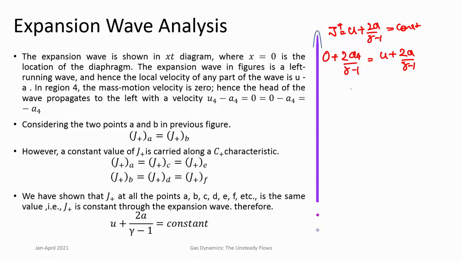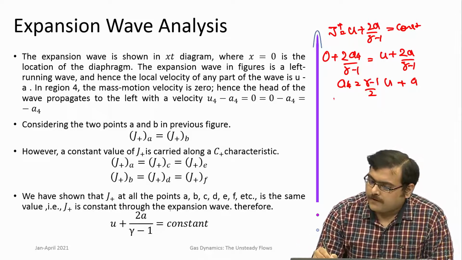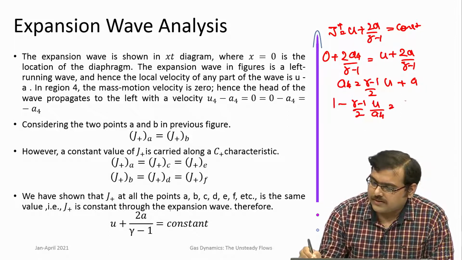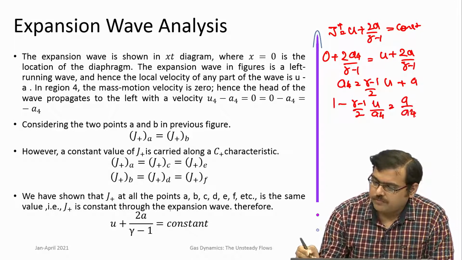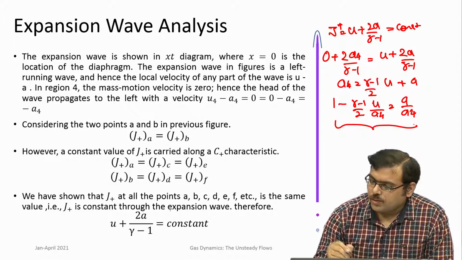So A4 is gamma minus 1 by 2 U plus A, or you get 1 minus gamma minus 1 by 2 U by A4 is A by A4. Okay, so you get this equation.